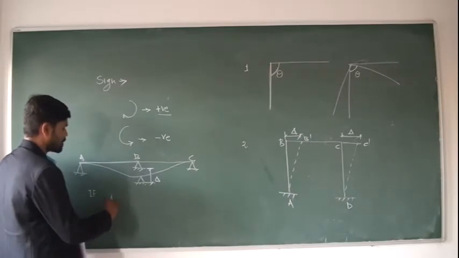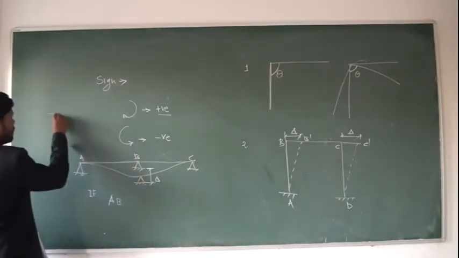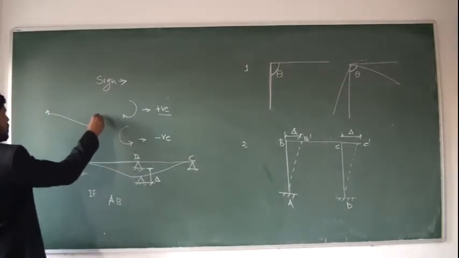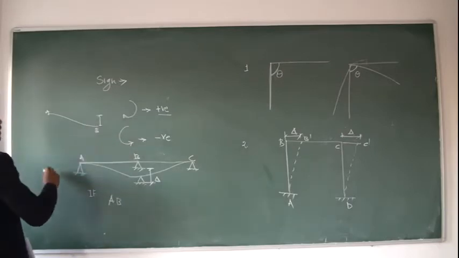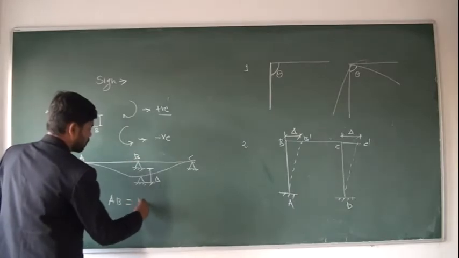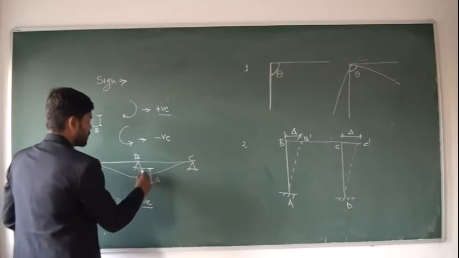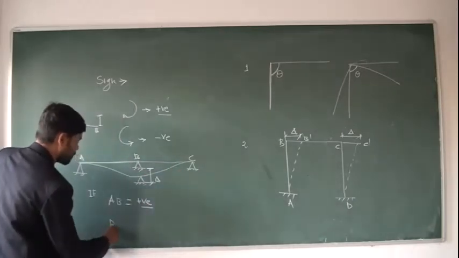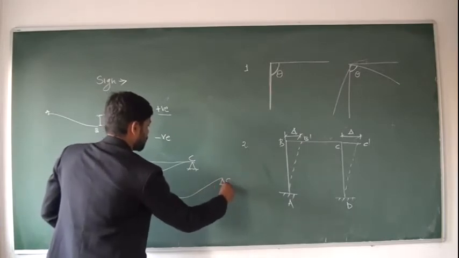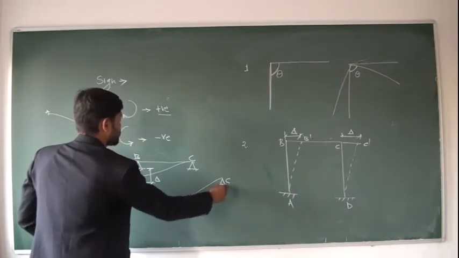Now see how we apply it here. If you consider the AB span, the figure will be like this. This is the A support position and this is the B support position. The right side support is B, which is below A, so this delta is positive for the AB span. Whereas if you consider the BC span, C is above B, and C is the right side support.